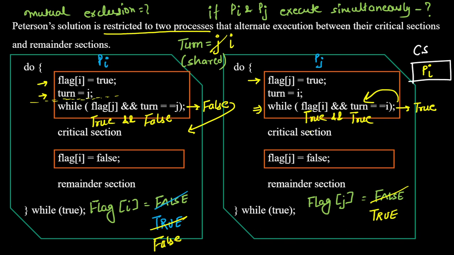Flag of I has become false and turn equal to I, so this is your statement. The condition has become false. Now you will move out of this loop and pj will enter into the critical section.